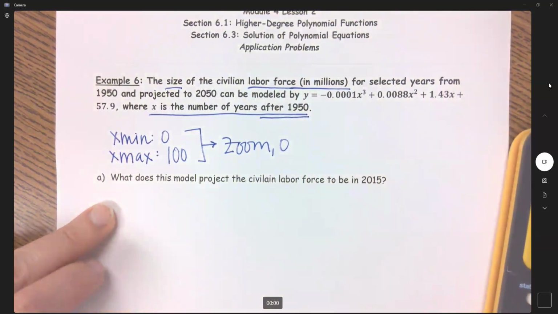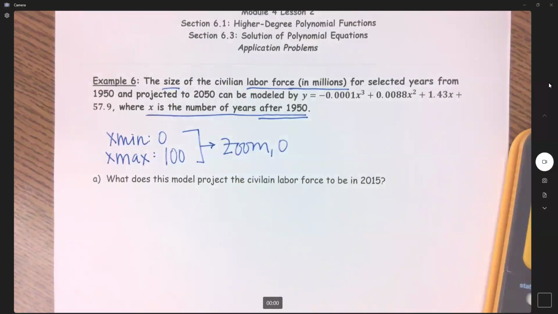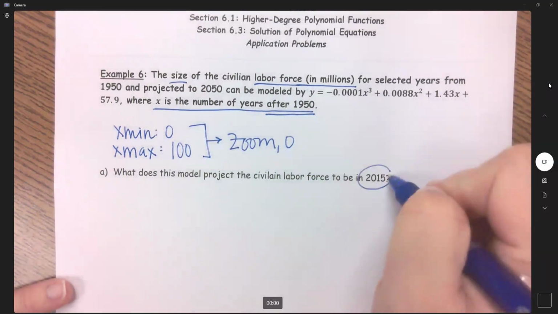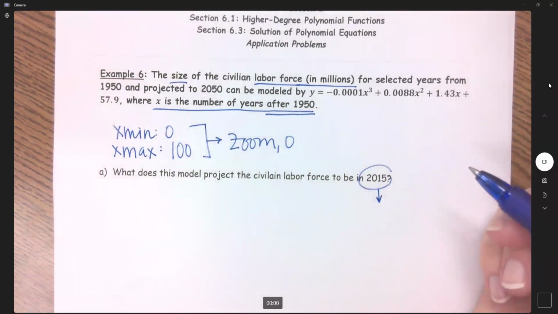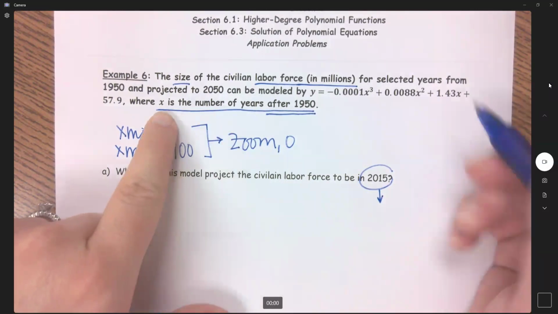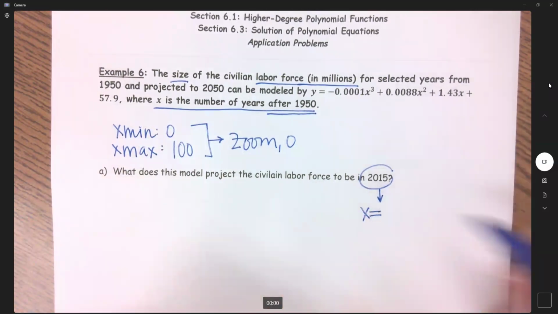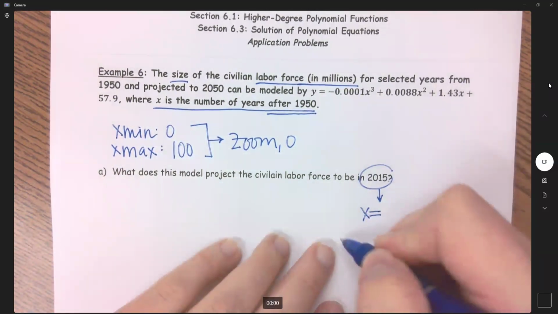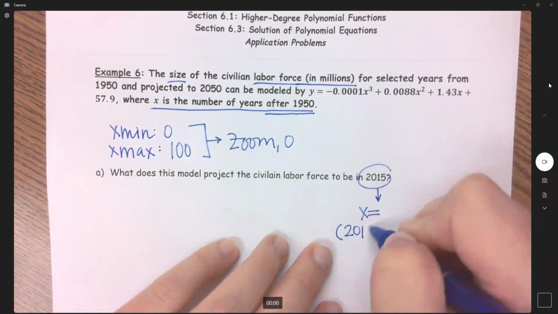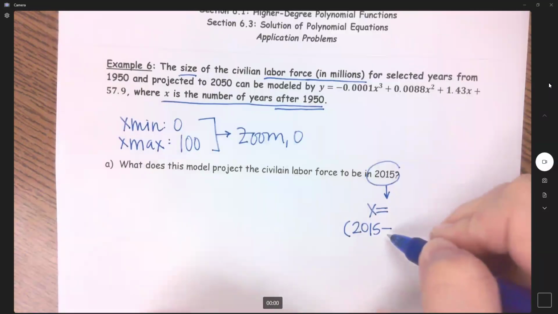So what does the model project the civilian labor force to be in 2015? So in 2015, because we're talking about a year, we are talking about my X. And what does my X equal in 2015? Well, what is 2015 minus 1950?